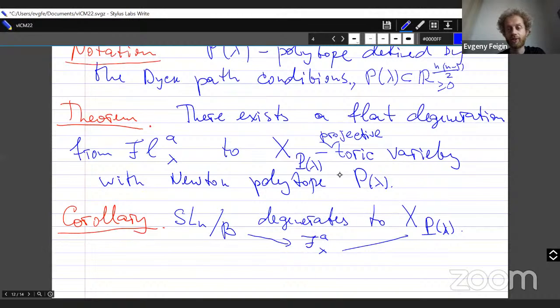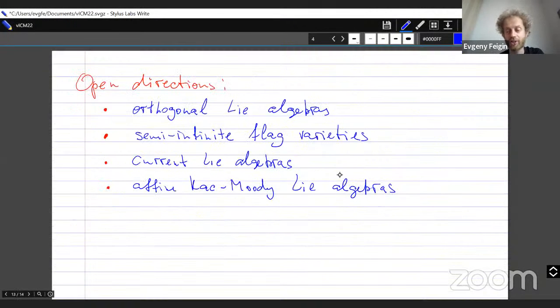So let me mention several open questions, open directions in this theory. First of all, I mentioned that the concrete results stated above are mostly about type A, so G being SLn. There are also certain results available in type C. There is an explicit description and there are polytopes, and this can be studied and described.